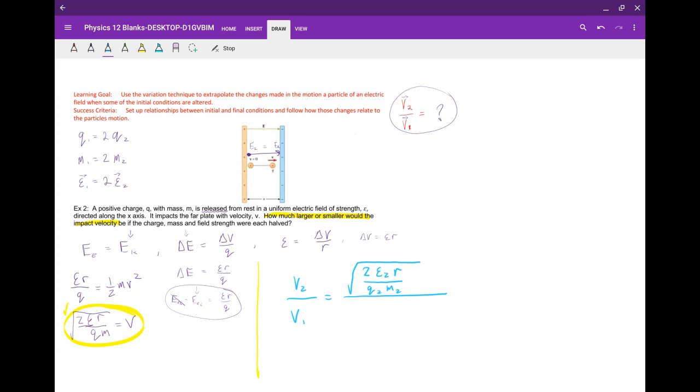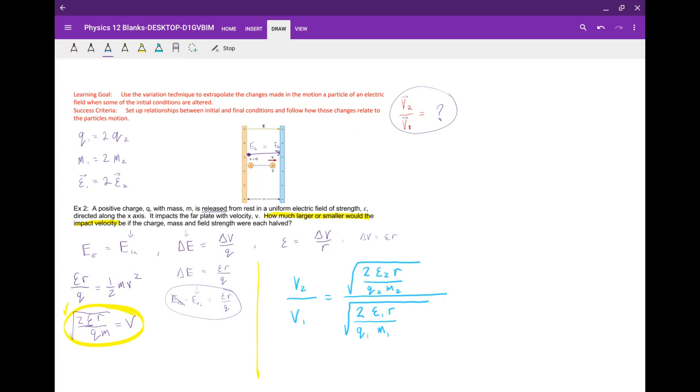Well, because to figure out the velocity in the second scenario, I've got to use the field strength in the second scenario, the charge in the second scenario, and the mass from the second scenario as well. And likewise, I need to do 2 field strength first scenario radius over charge first scenario and mass first scenario. Oops, that's supposed to be a 1 right there. Okay. There we go. Let's throw down a 1.